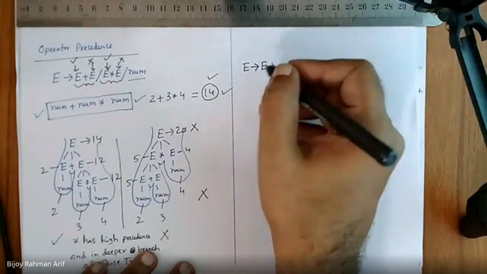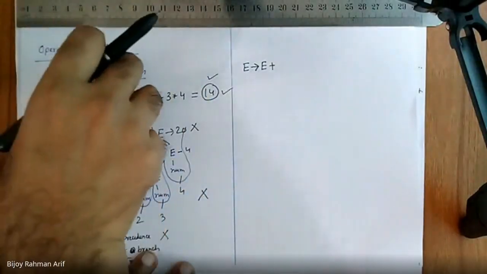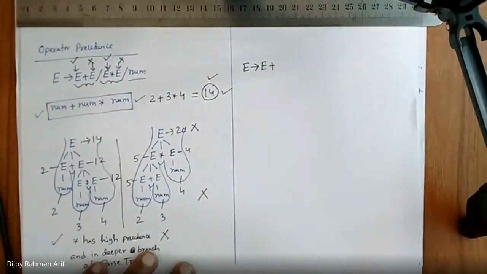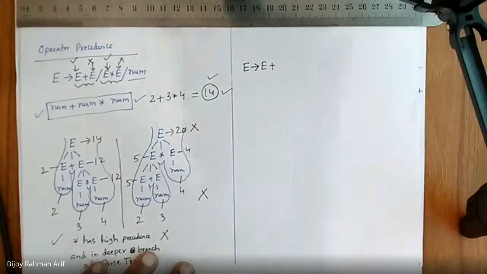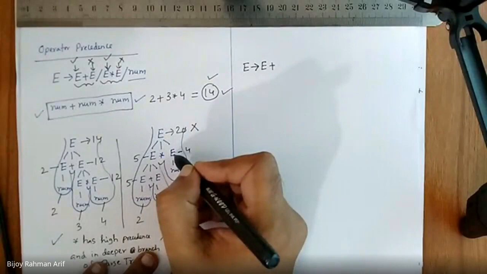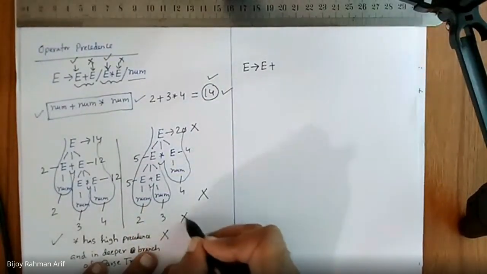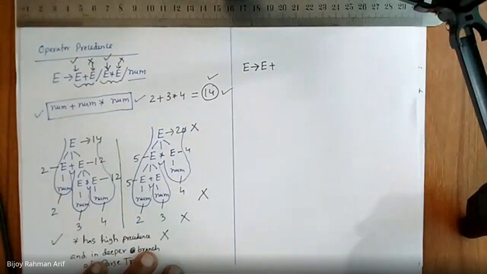We should rewrite the grammar in such a way that whenever we enter star, there is no way we can go back to plus. In this case, if we write E star E, then we can also derive E plus E. That is wrong. That is the problem.